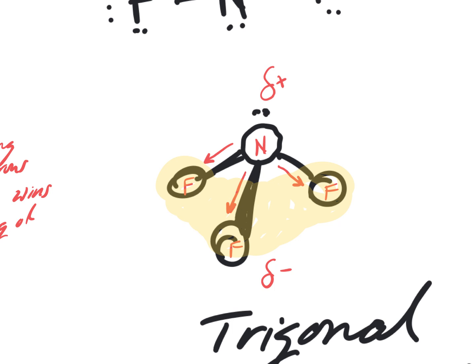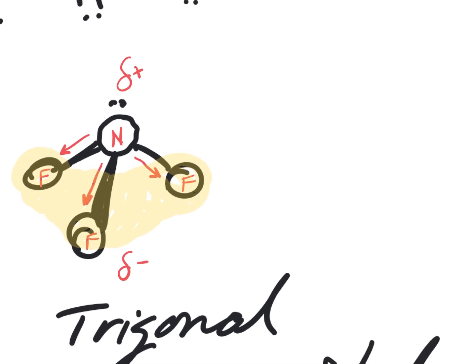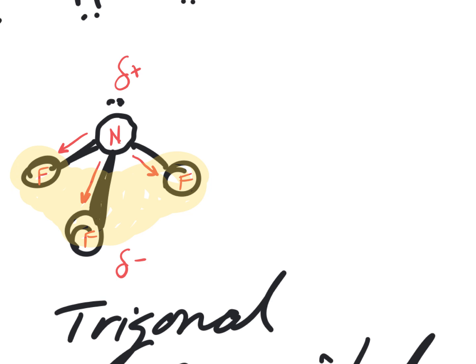Around the nitrogen, electrons have been kind of torn away, and so the net effect is that we've got a negative side on the fluorine side and a positive side on the nitrogen side of this molecule.